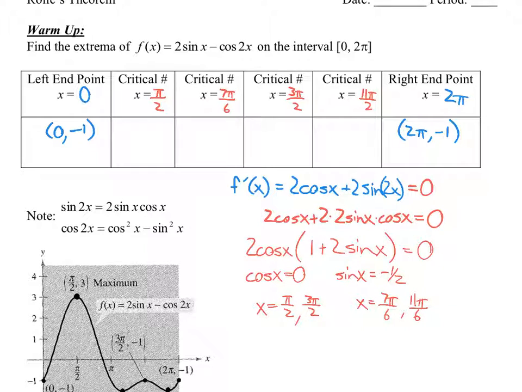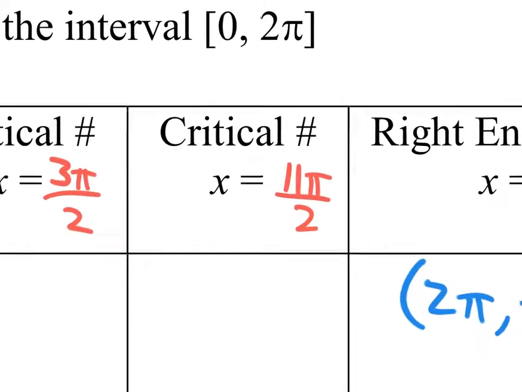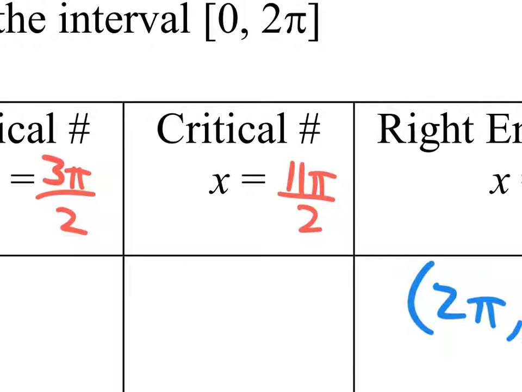But at this point, all I've got to do is plug these 4 values into the original function and see which one gives me the biggest y and which one gives me the smallest y. Would it be 11 pi over 6 or 11 pi over 2? 6. I did that before too.